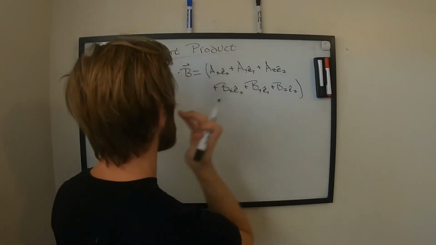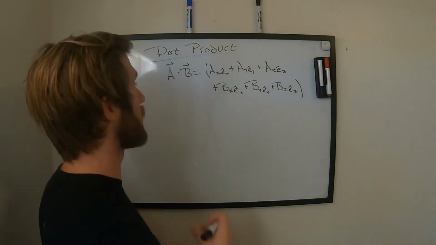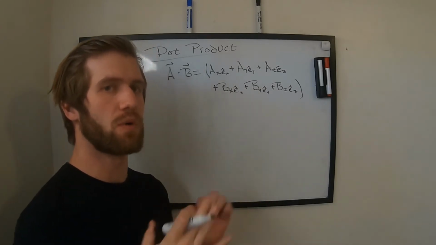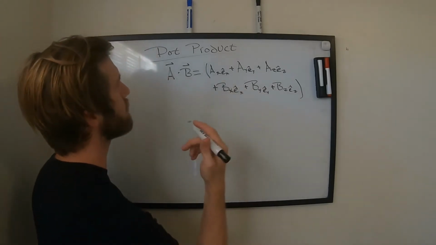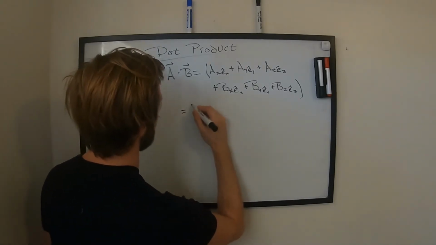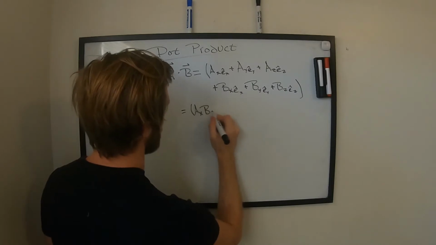Okay, so now what we need to do is take our corresponding components and multiply them together and then take the sum total of those values. And I will show you what I mean by that. So this will be equal to a sub x times b sub x.